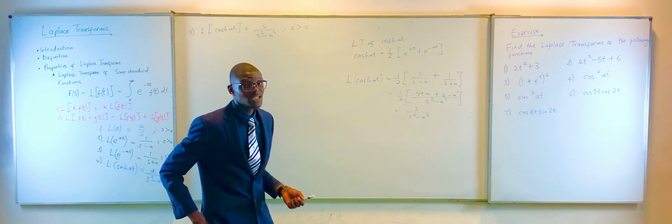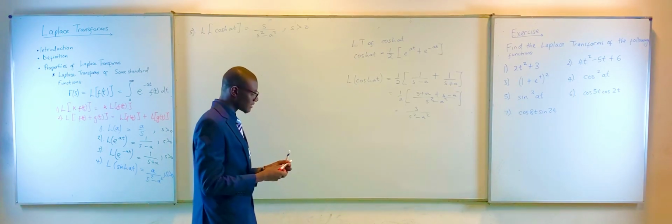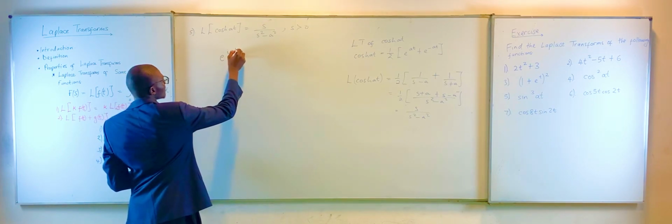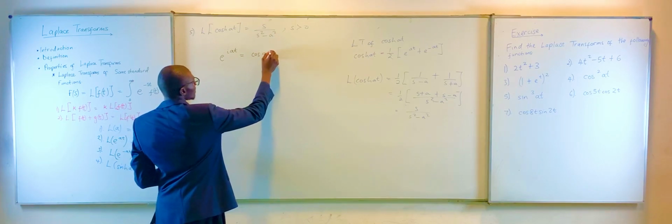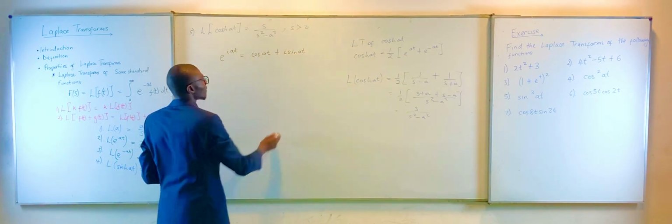But to do that, we shall do this from Euler's formula, which states that e to the power of iat is equal to cos at plus i sin at. Right.